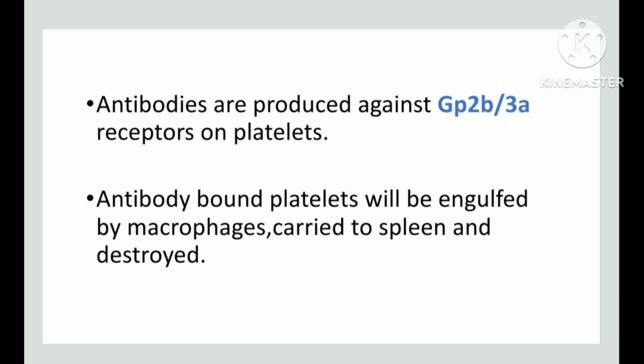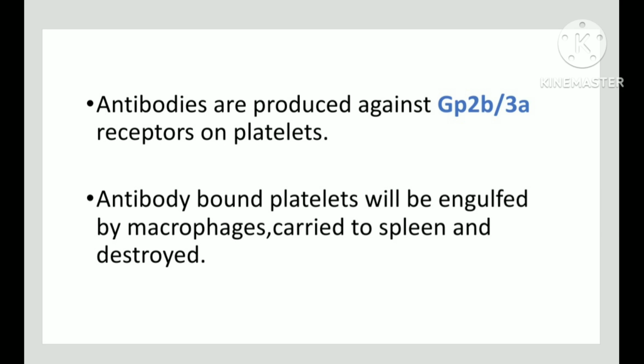So first, let's see what the pathology in ITP is. Why is it caused? Here, antibodies are produced against GP2B3A receptors which are present on the platelets. I'll stress this, GP2B3A, because there are many receptors on the platelets, and many other diseases are caused by problems with the different receptors on the platelets.